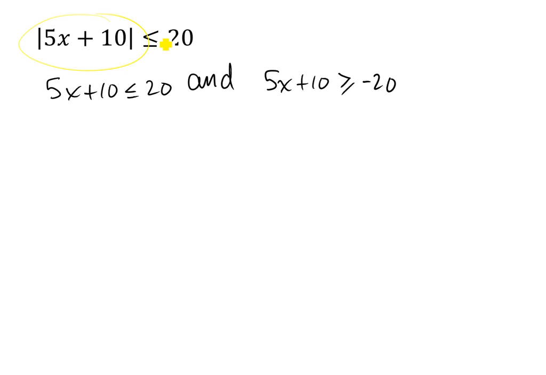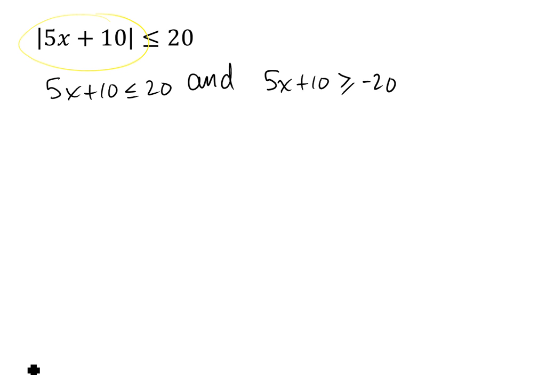If it's greater than, it's going to be two separate inequalities joined by or, and in both cases we do this thing. So let's keep going and see if we get things that make sense as far as solutions go.